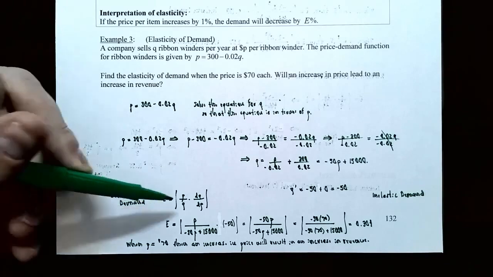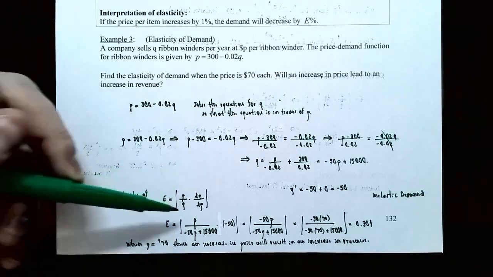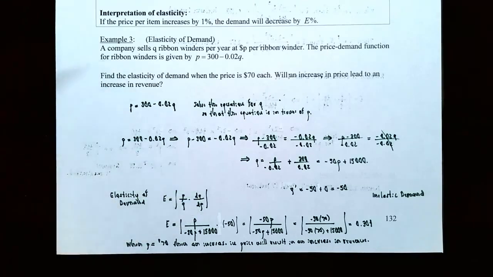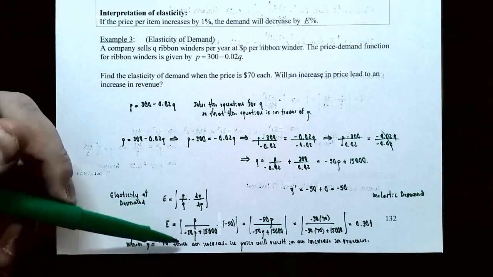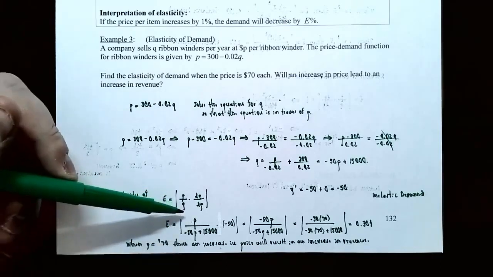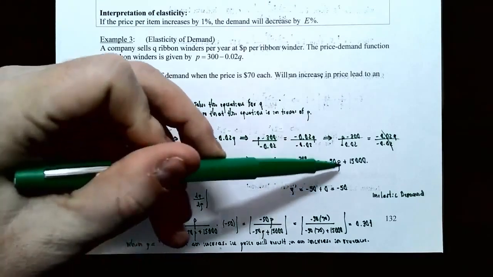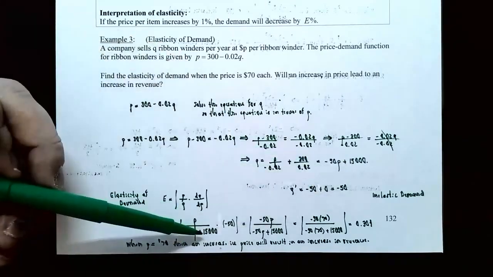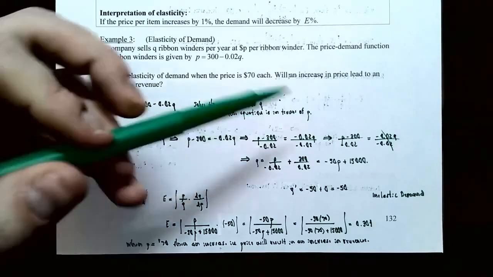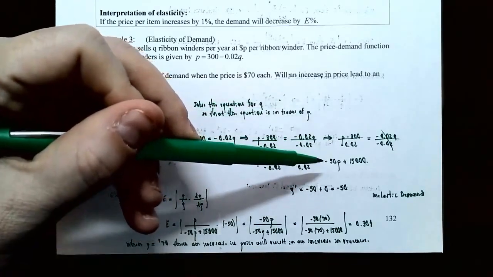Capital E is the absolute value of the variable P divided by the function Q times the derivative of Q with respect to P. So capital E would be the absolute value; P is the variable, so it's just P divided by the price demand equation, which we found was negative 50P plus 15,000. And now we need to find the derivative of Q with respect to P. So let's take the derivative of this equation where P is the variable.